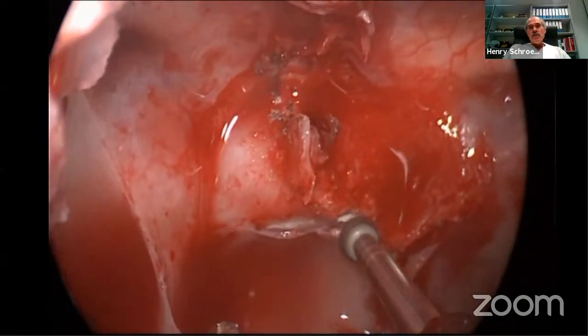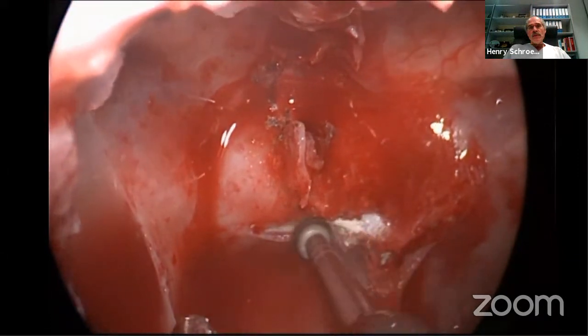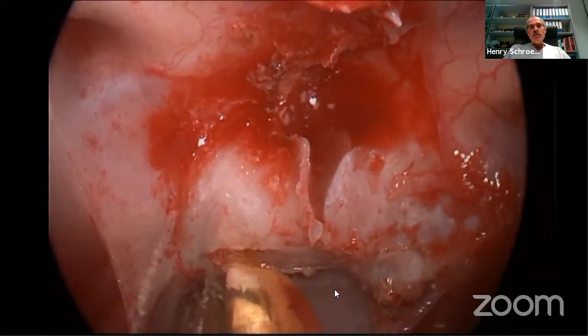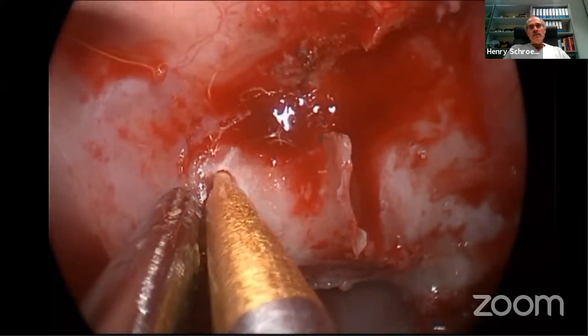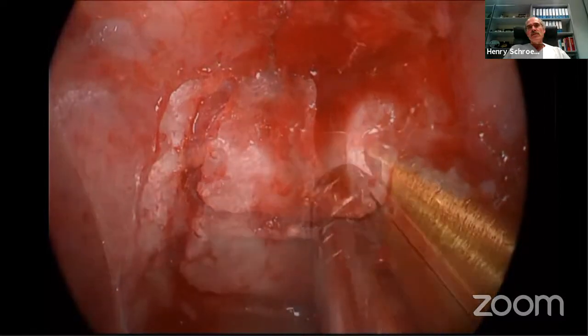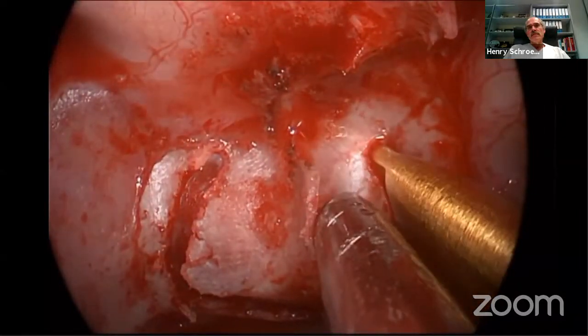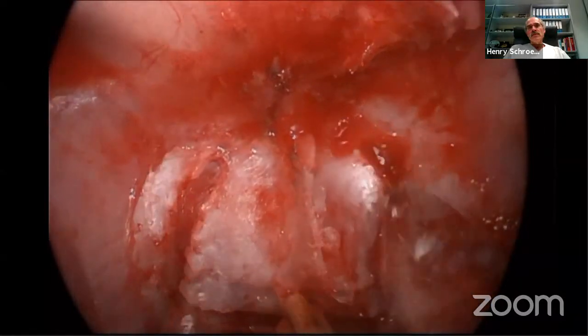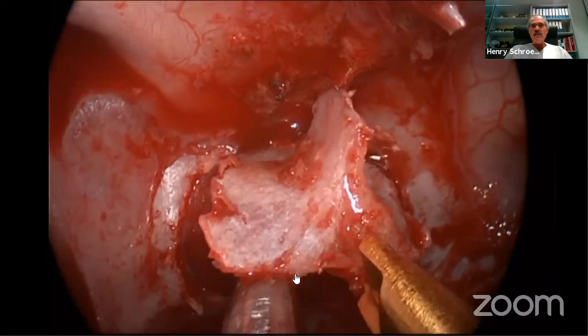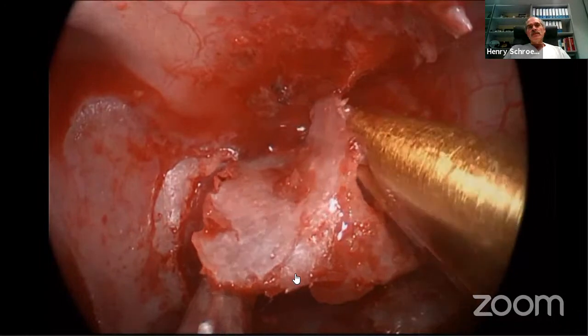Another technique which can also be used is also for a small adenoma. I use the 1 millimeter Kerrison because this takes less bone and you can cut around and then lift the bony floor. This is of course not possible if you have larger tumors and the sellar bone is very thin.